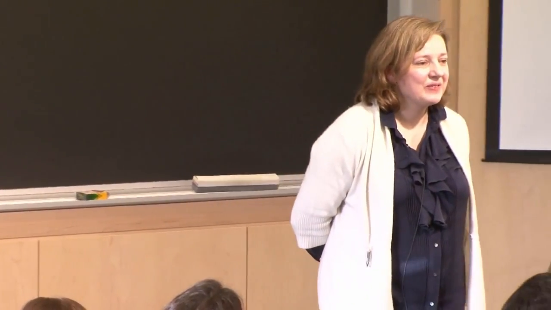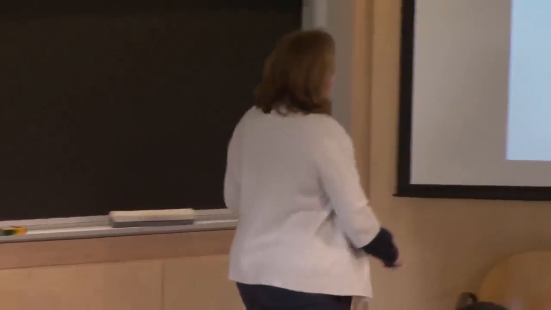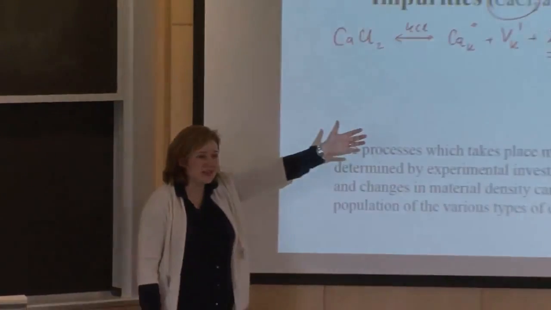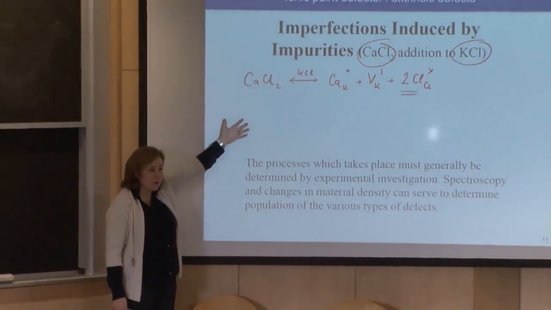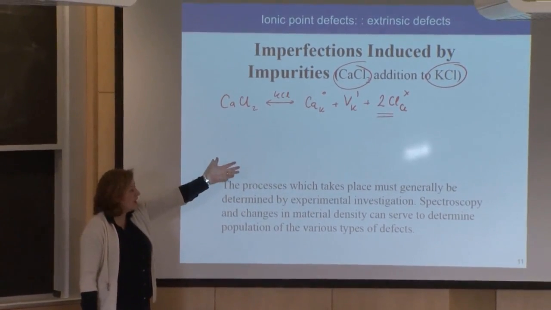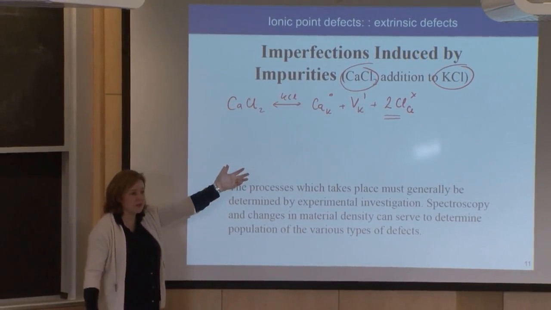Excuse me? You're balancing mass as well as charge. That's right. Whatever is on the left-hand side has to end up on the right-hand side. What I'm simply saying is that some of the chlorine atoms from this particular compound are ending up in the compound, and they're replacing the identical atoms, and the charge remains the same, right?